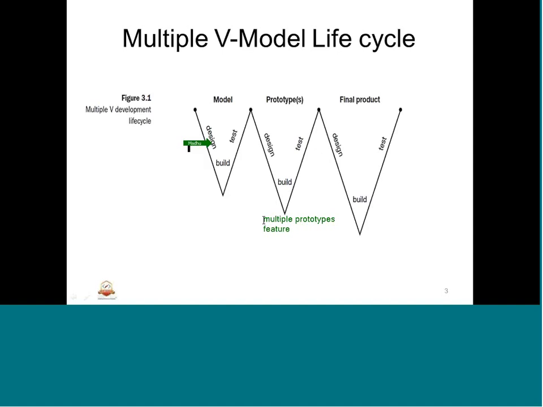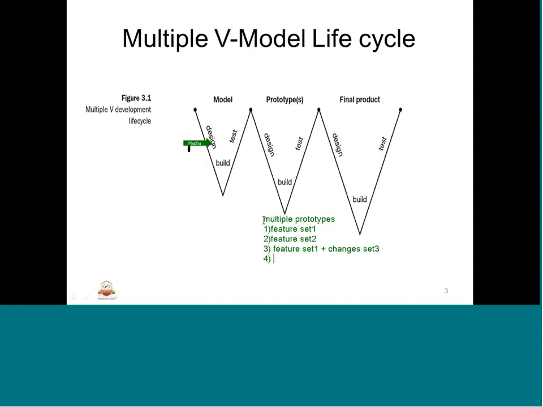Having feature set 1 in the first prototype, the second one having feature set 2, and the third one could be having feature set 1 plus some changes, or you can call it set 3.